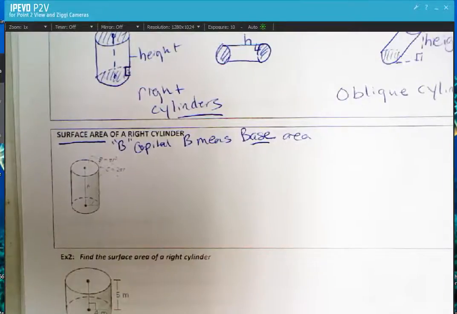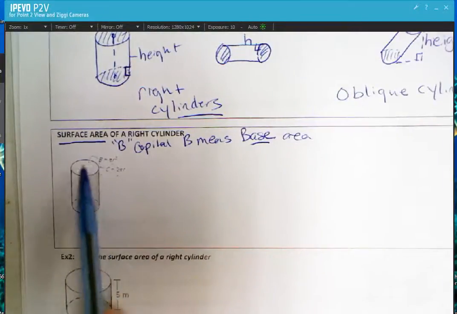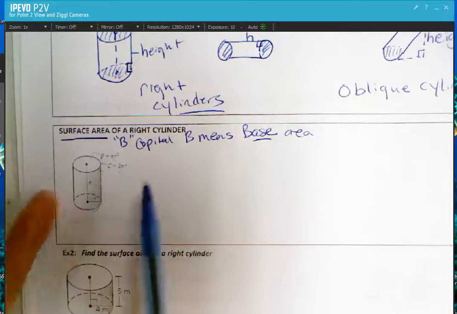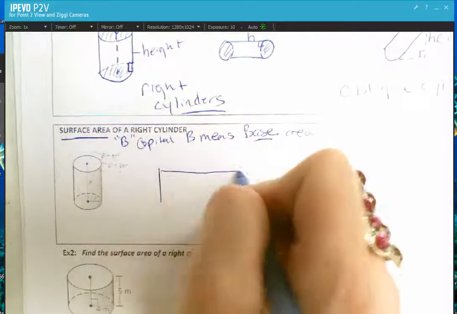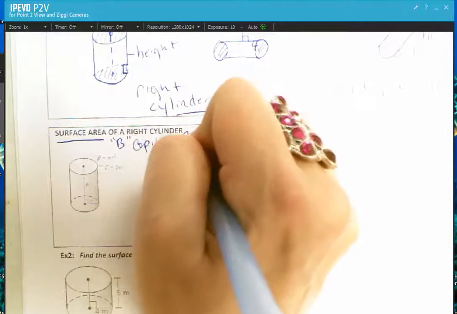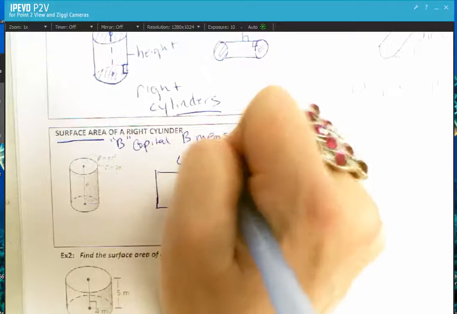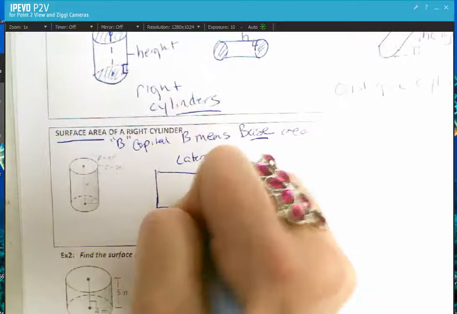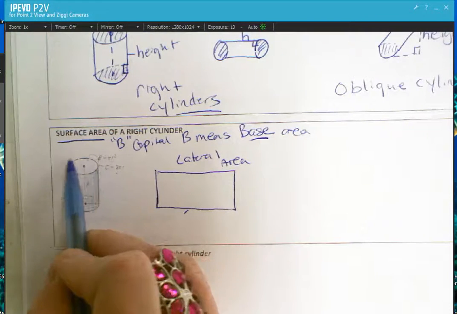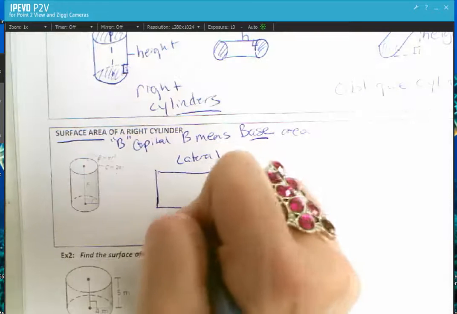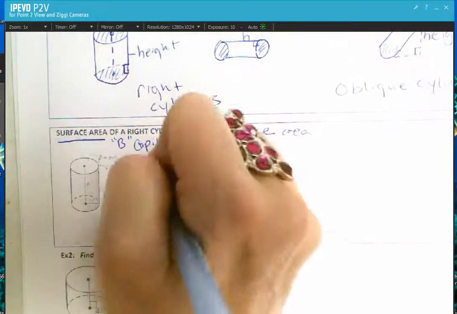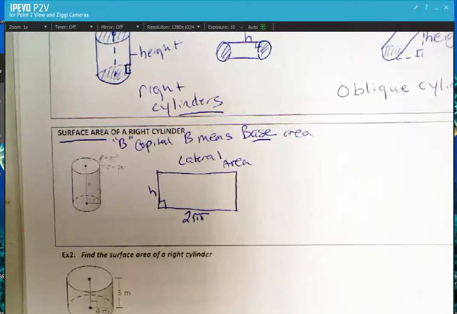We're still going to have a lateral area. If we take a look at the lateral, remember lateral is without the bases, and if I roll this out, I end up with a rectangle. So my lateral area is the perimeter of the base, which is 2 pi r, my circumference, and then the height.